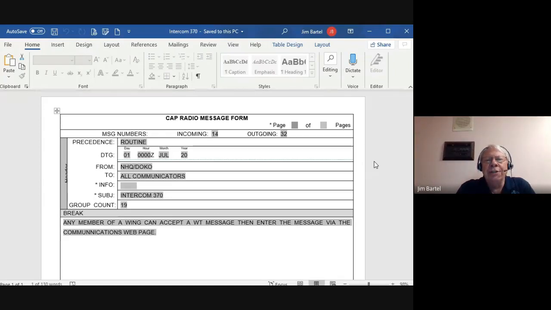Then enter the message via the communications web page, period.